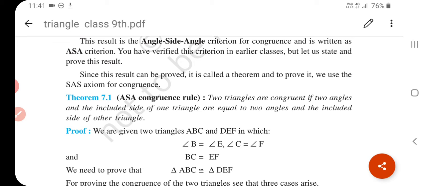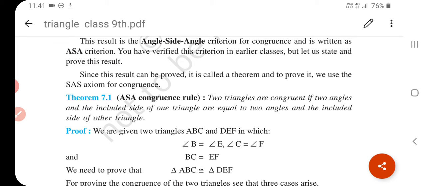So two triangles are congruent if any two angles and one pair of corresponding sides are equal, and it is called the AAS congruence rule. So this rule also holds for congruency of two triangles.